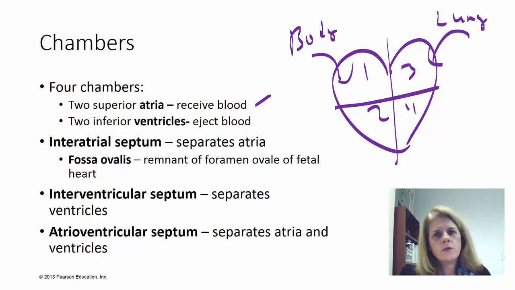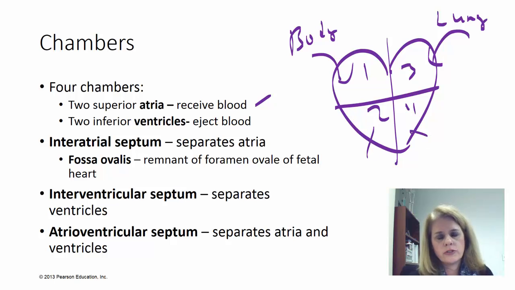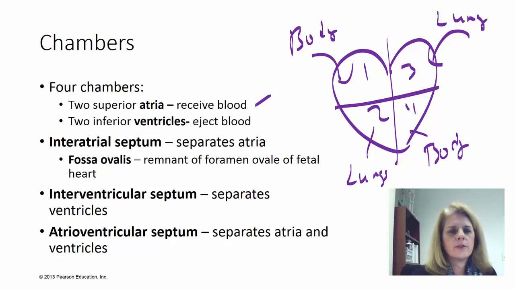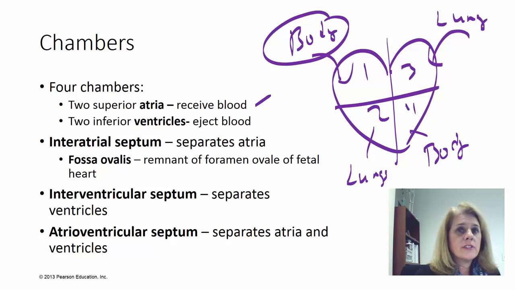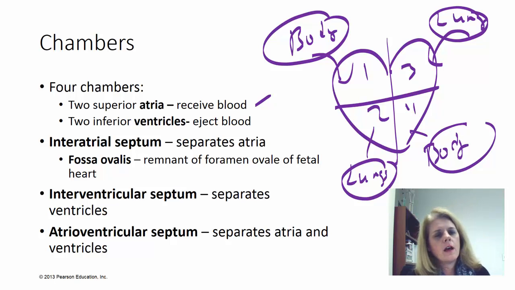Then you have 2 inferior ventricles, and these are the ejecting portions of the heart. The right ventricle ejects blood to the lungs, and the left ventricle ejects blood to the body. So you'll see the right side receives from the body, sends to the lung. The left side receives from the lung and sends to the body. Again, something has to separate these 4 chambers, and those are the septums.